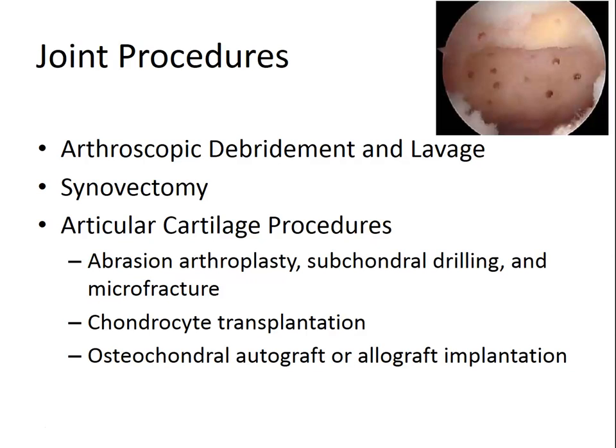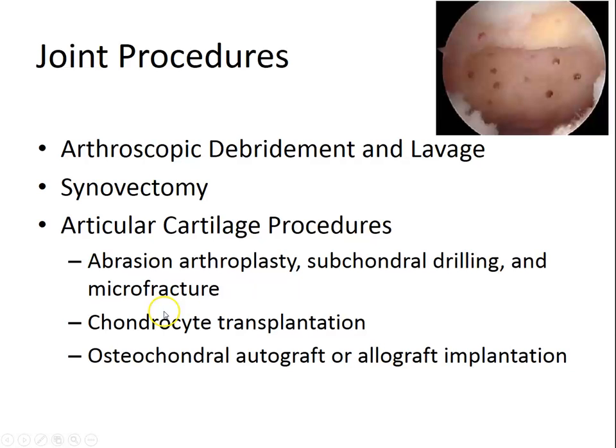They can also do a chondrocyte transplantation, and with this procedure they will typically harvest healthy cartilage from the patient. They will grow this within a lab somewhere, and then they will implant this back within the patient. And again, this is to try to stimulate cartilage growth.